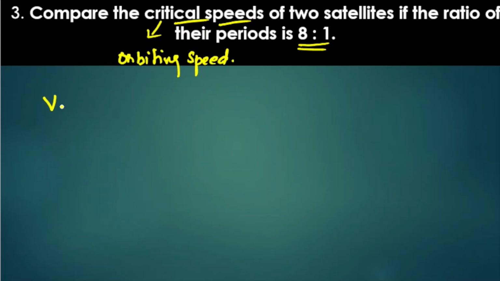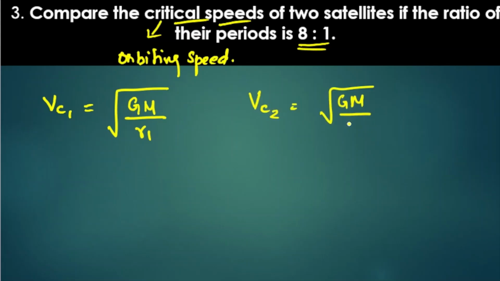So what is the formula? VC1, the critical speed, is equal to the square root of GM by R1. Now VC2, because we are going to compare two satellites, VC2 is equal to the square root of GM by R2.